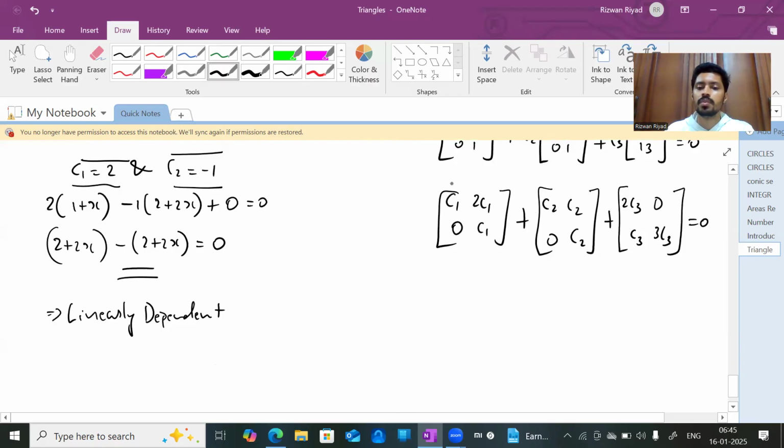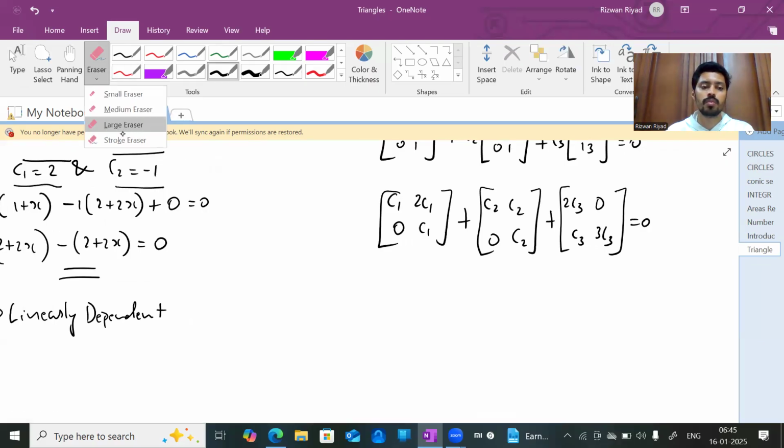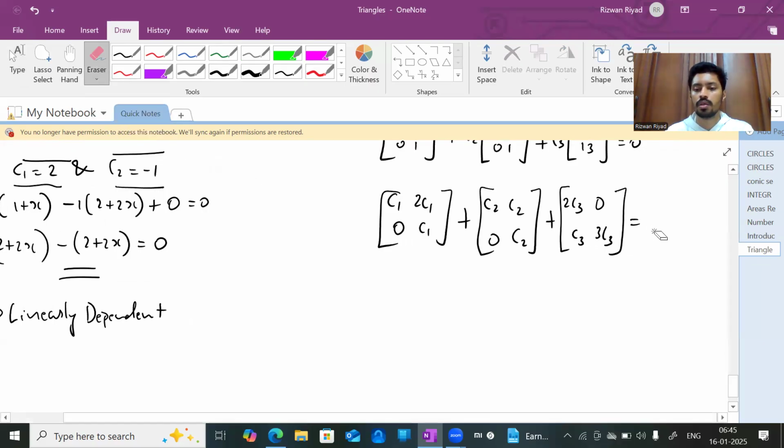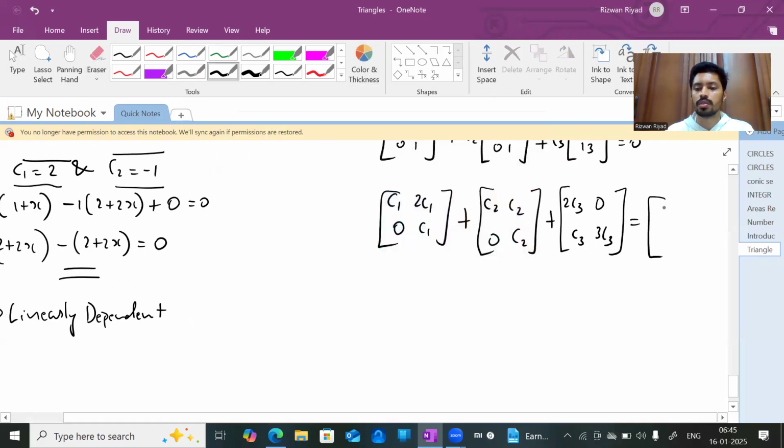Now let's add them as matrices. Here 0 means the 0 matrix.